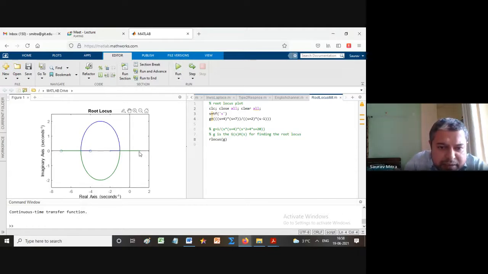Check that this green is coming from here, going here and then ending. This part is gray. In the previous numerical, this whole part was green. That means it was going towards infinity. The whole negative axis starting from the breakaway point, minus 7.16, was green. That means the root locus extended up to minus infinity.